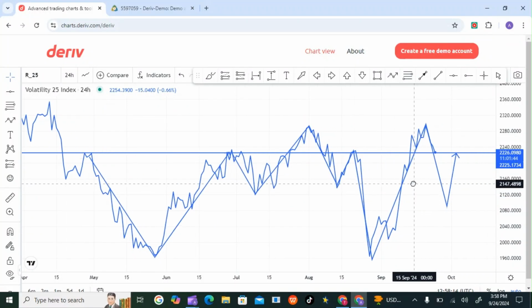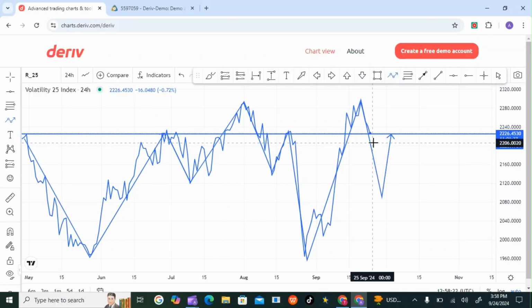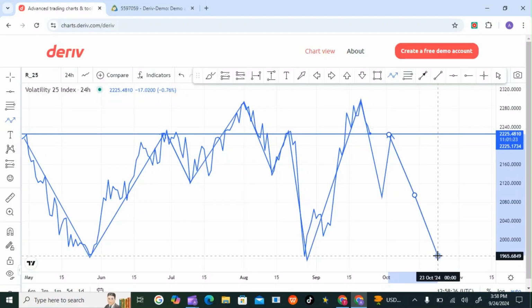So that's our idea. We expect this market will either break this zone and move downwards, then again you wait for the market to come back here, and then it might go down again.